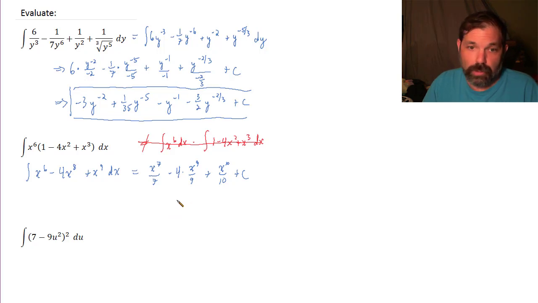And you can verify this, that if you tried what I did in red, you would not get the same expression as what I did in blue. And so then if we clean this up a little bit, I would write 1/7 x to the seventh minus 4/9 x to the ninth plus 1/10 x to the 10th plus a constant.